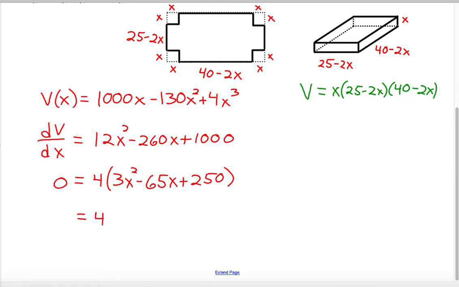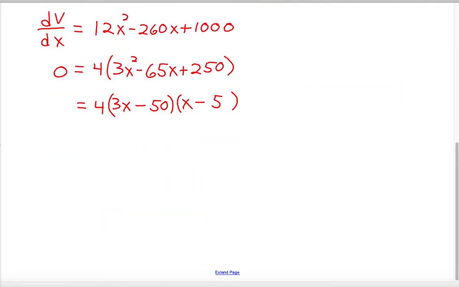And then I can factor that, hopefully. 3x squared, so it's got to be a 3x times a 1x. 250, so they're both going to be negative, as we add up to negative 65. What if I did 5 here and a 50 here? That's going to give me a negative 50x, and a negative 15 is negative 65. Of course, if you have a calculator, it might make it a little easier for you.